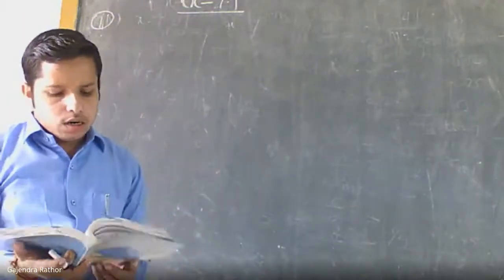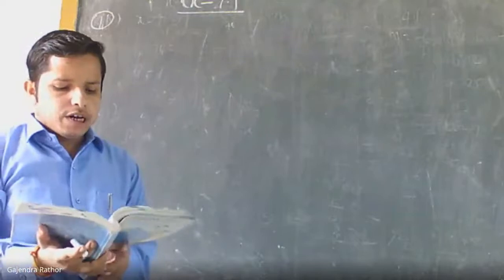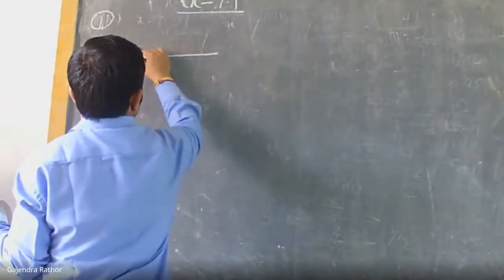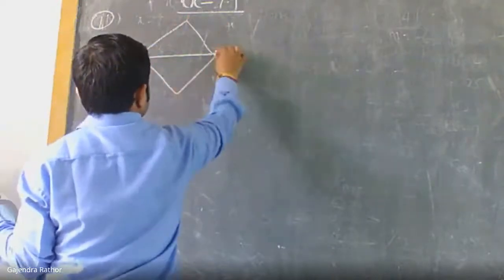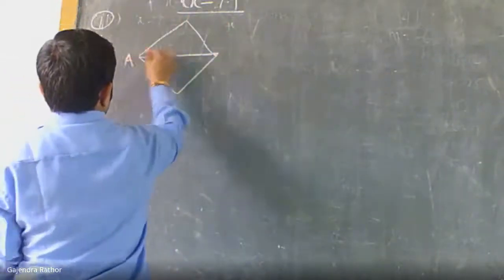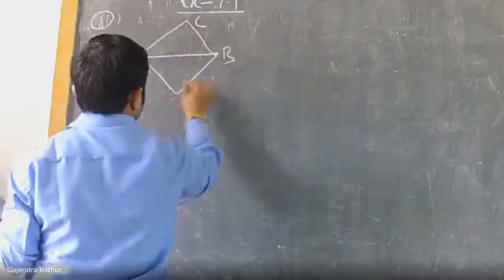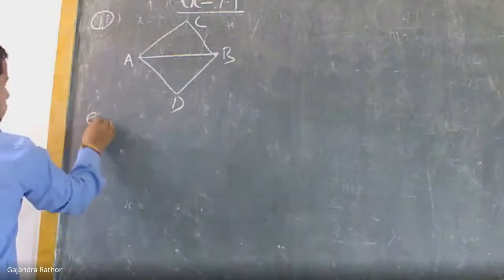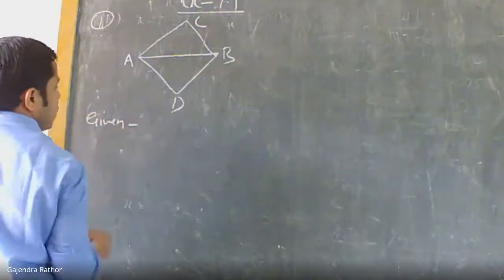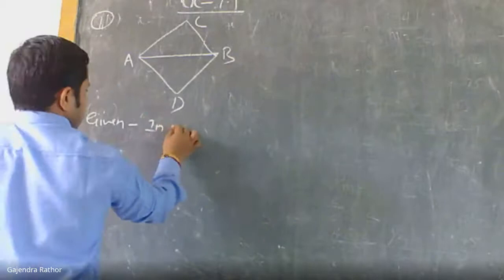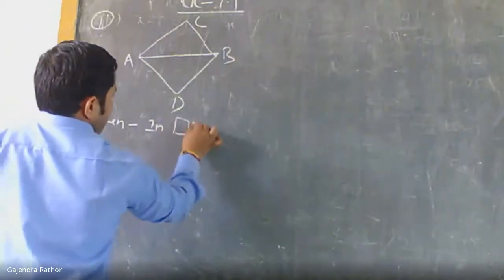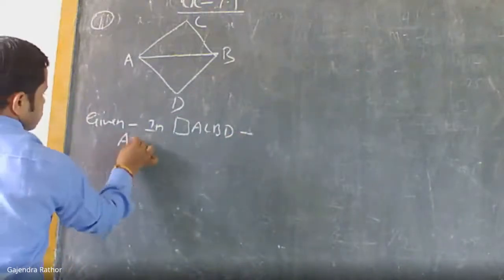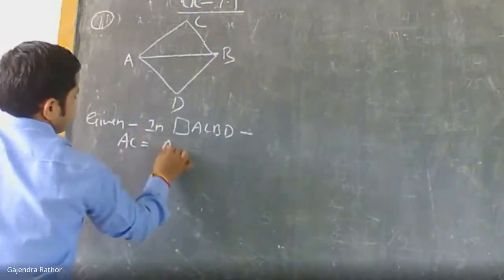One figure is given. Quadrilateral ACBD. This is A, C, B, D. First given in quadrilateral ACBD, AC is equal to AD.